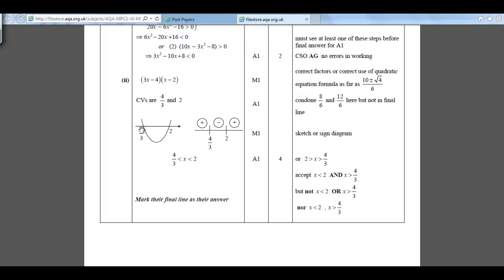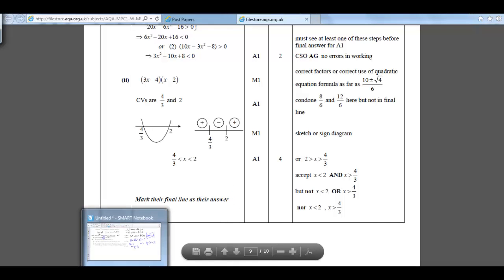It's good to indicate which bit you want as well. 1 mark for the final answer, whether you've got it that way around or that way around. You're even allowed it as 2 separate ones, but not an or. It's got to be and, not or. Here's an important bit: mark their final line as their answer, so don't go and put something afterwards and lose out.